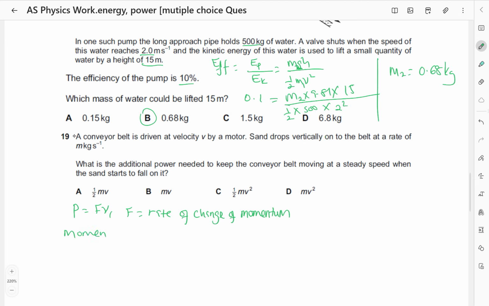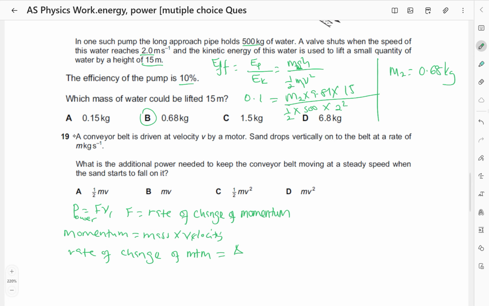We also know that momentum is equal to mass times velocity. And the rate of change of momentum, I'll just use P for momentum, can be written as change. Let me use power in full.